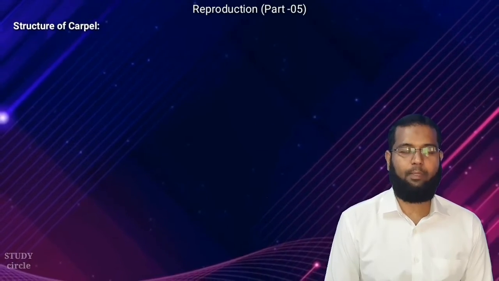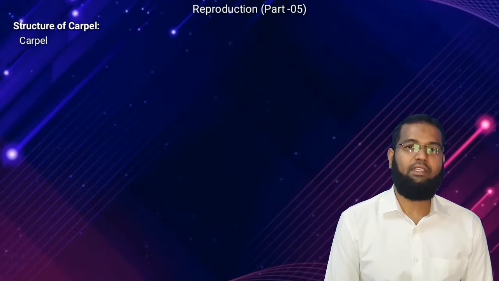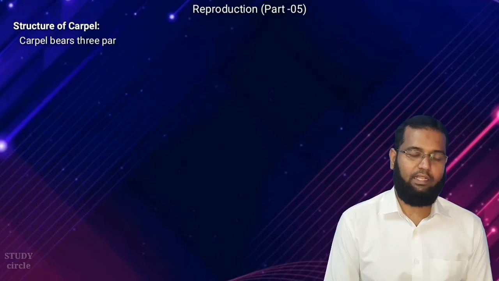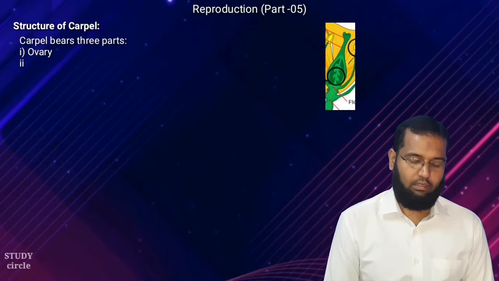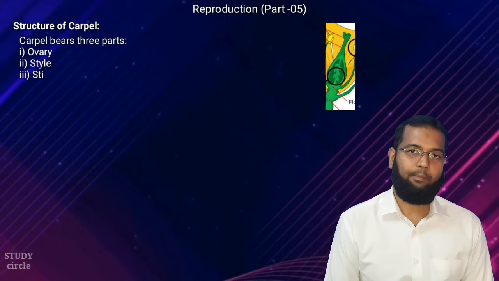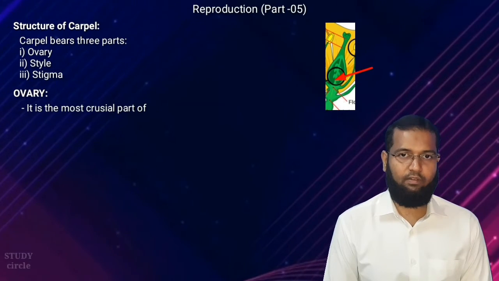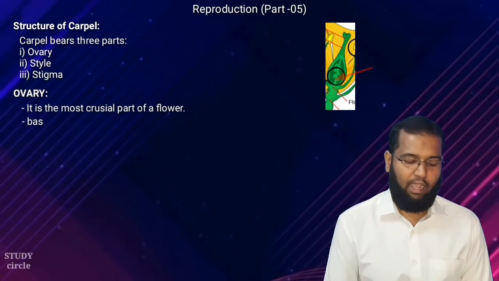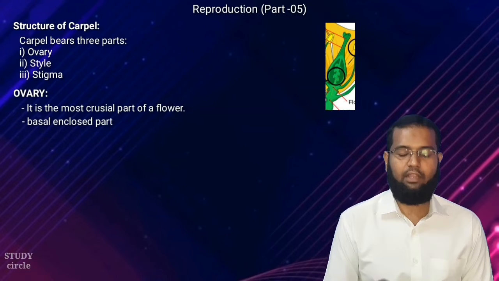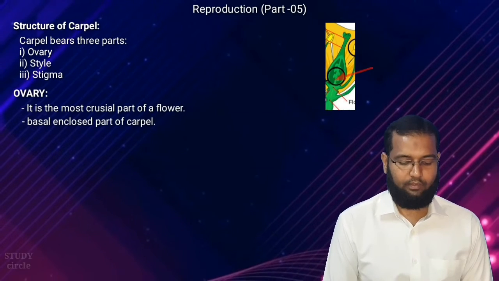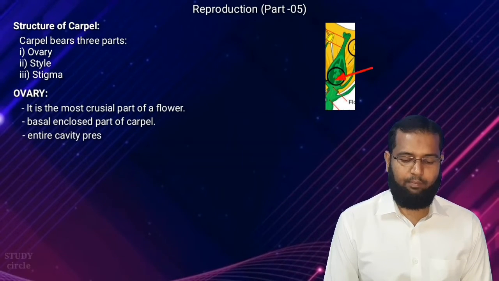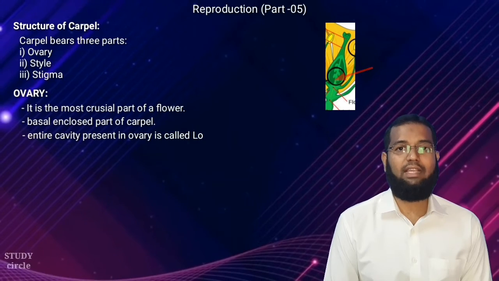Structure of the carpel. Even in this you will find three parts: ovary, style and stigma. The ovary is the most crucial part of a flower, and it is the basal enclosed part of the carpel. The entire cavity present in the ovary is called a locule.